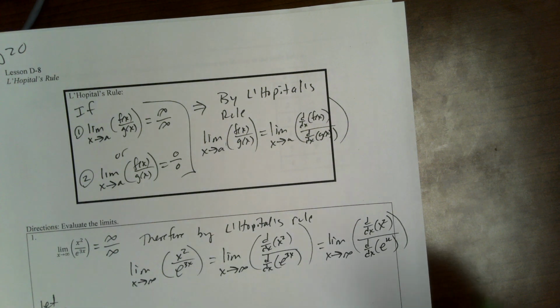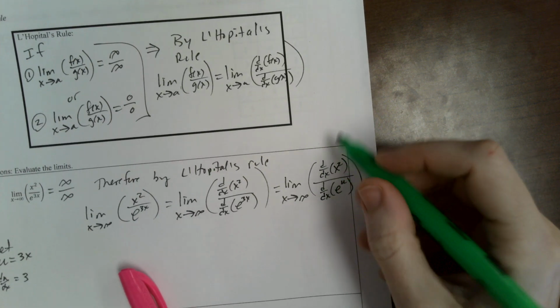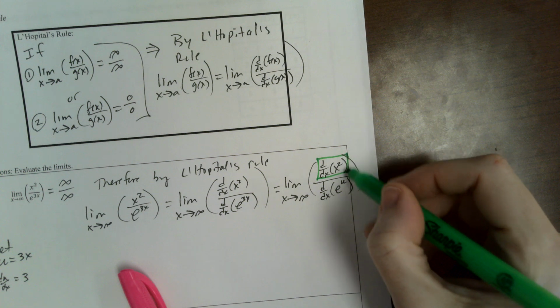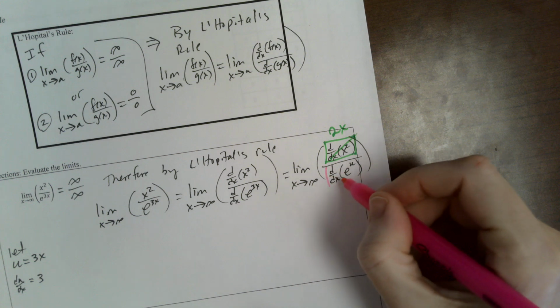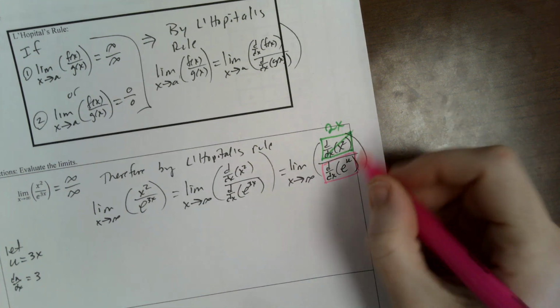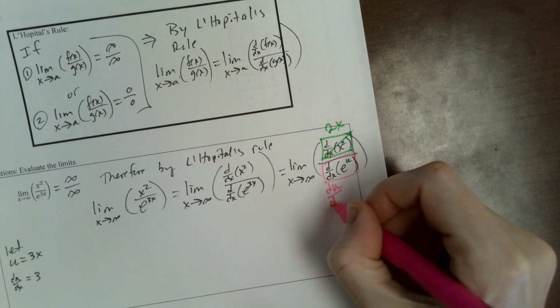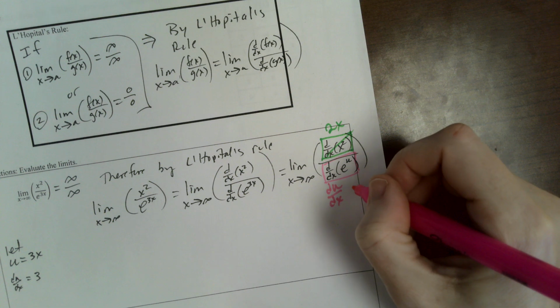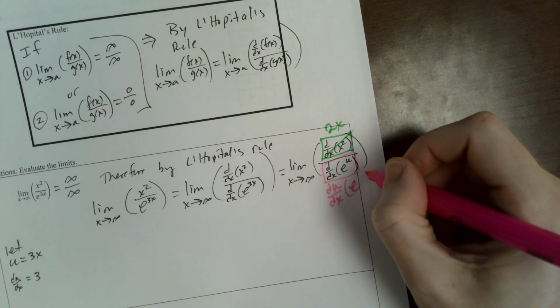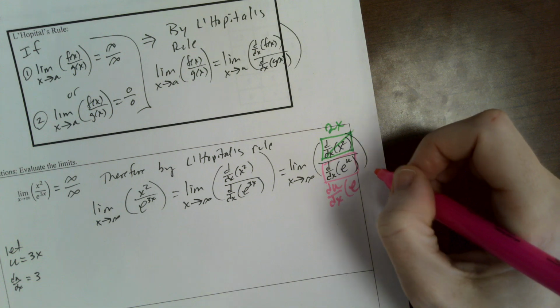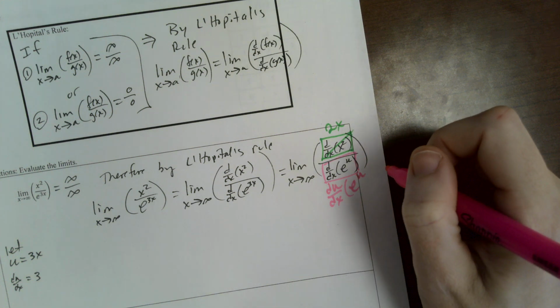I'll use a highlighter to show what they are. The top right here is 2x, and the bottom is du/dx, and then the derivative, as though u were the variable, is e to the u.